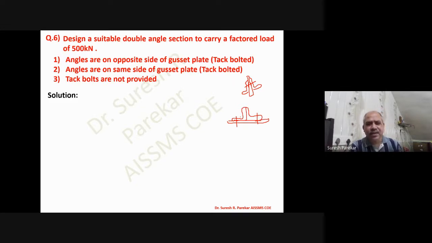Tag bolts we actually use to make a member act as one, meaning we connect two members, and at the connection, but between the connections of the two trusses, that member will not act as a single one if we do not provide tag bolts. But in case of IS 800 2007, whether you provide tag bolts or not, we find the strength of a single angle section and multiply it by 2, because the members act individually.